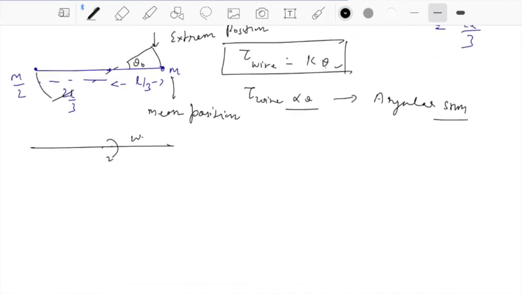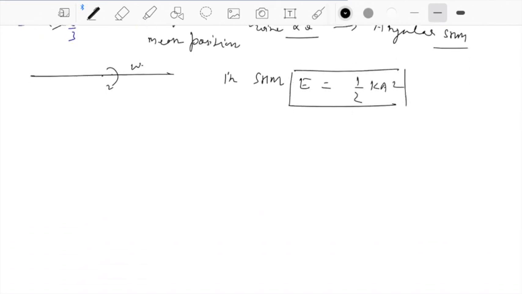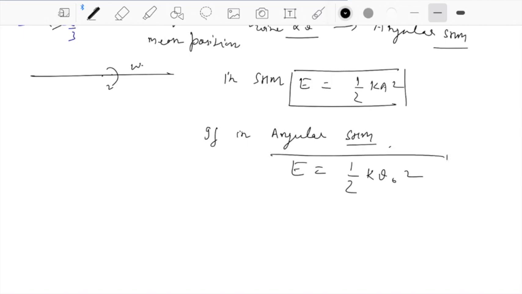Perfect. So in SHM, total energy is given by half K a square if this is the normal SHM. But in angular SHM, we can write total energy is equal to half K into theta naught square, where theta naught is the maximum angular displacement and K is the torsional constant, right?